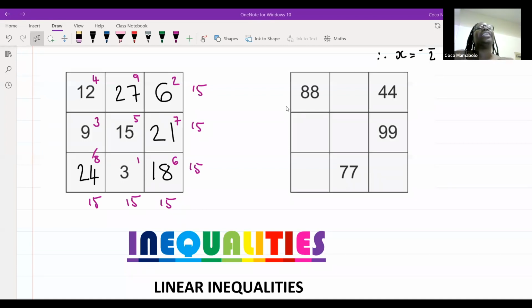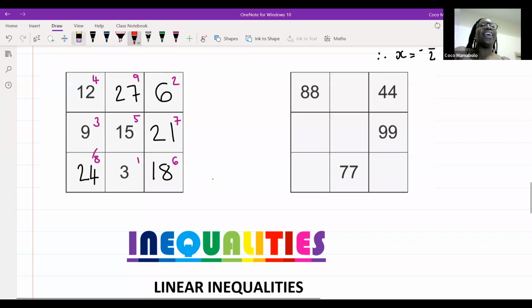Okay, Teacher Neliswa, I need to show you the coolest thing ever, that my grade 8s figured out today at Maths Elective. They figured out that the number in the middle is always a multiple of 5. That's the first thing they figured out.